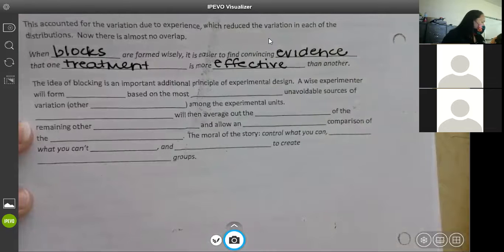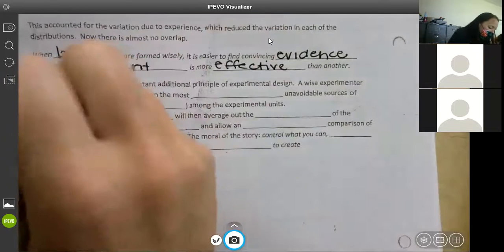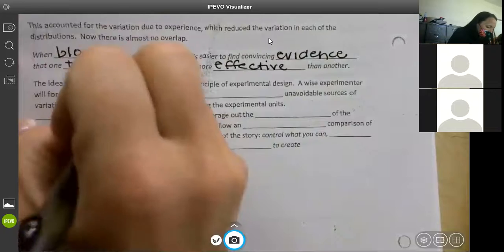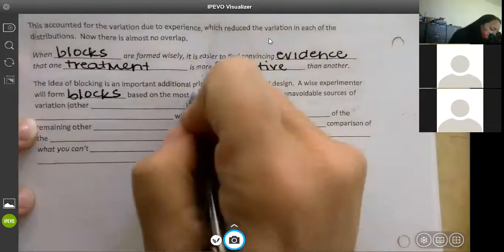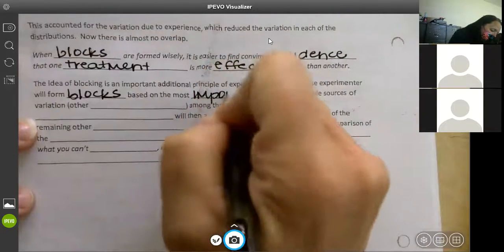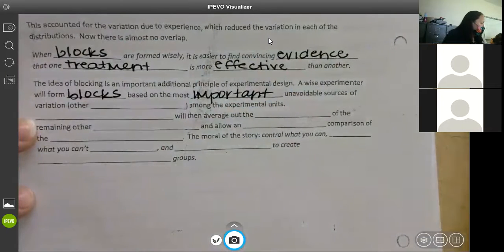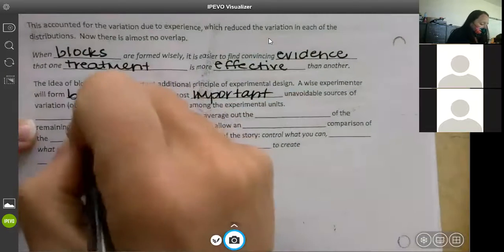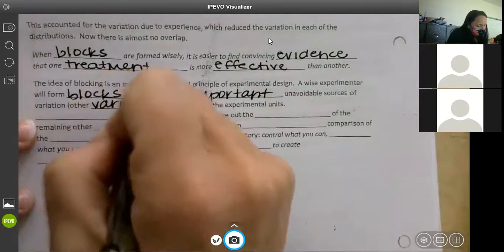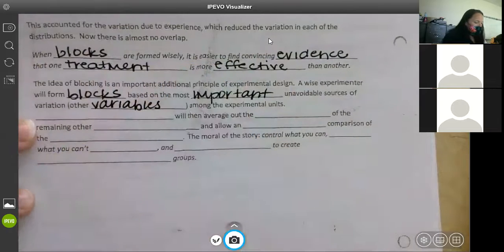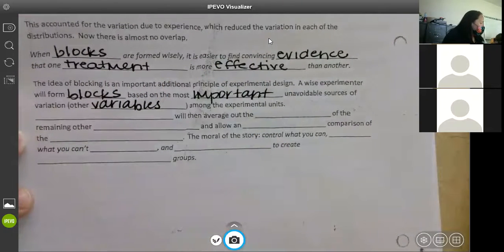A wise experimenter will form blocks based on the most important, unavoidable sources of variation or other variables among the experimental units.